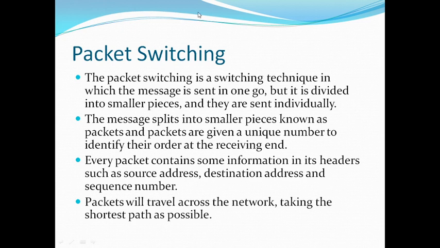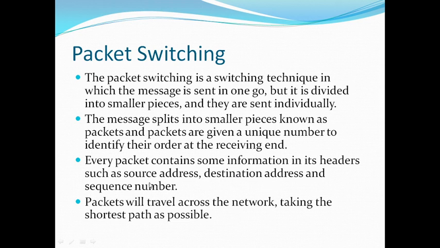The message is split into smaller pieces called packets, and packets are given a unique number to identify their order at the receiving end. Each packet contains some information in its header such as the source address, who is sending the message, the destination address, who is receiving this packet, and the sequence number.